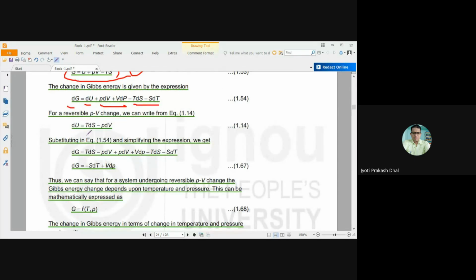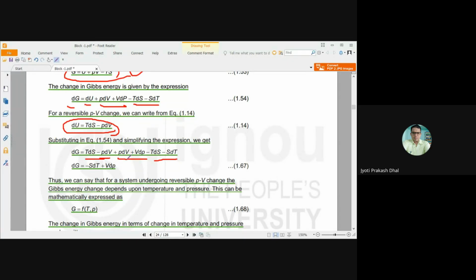For a reversible pressure volume change, we can write dU equals TdS minus PdV. So in place of dU, we can write TdS minus PdV. So dG equals TdS minus PdV plus PdV plus VdP minus TdS minus SdT.